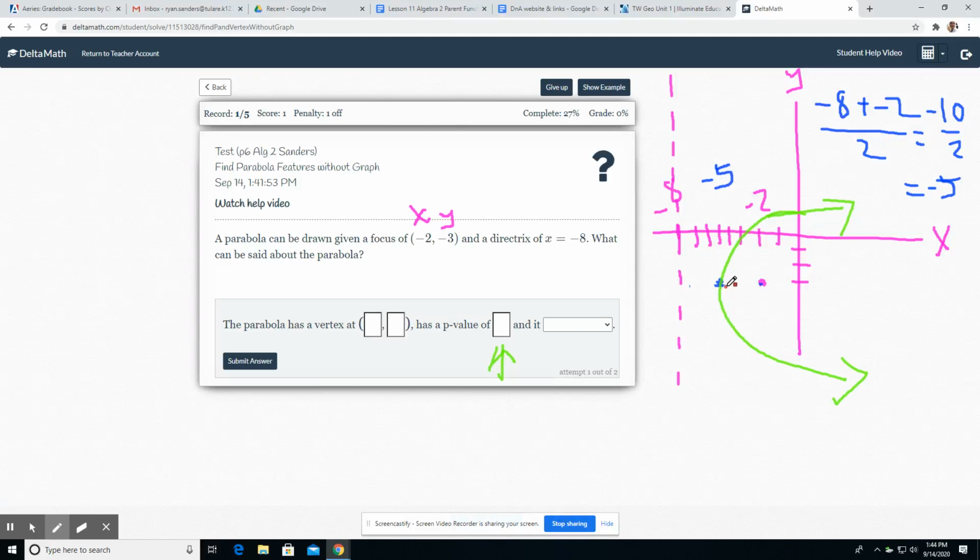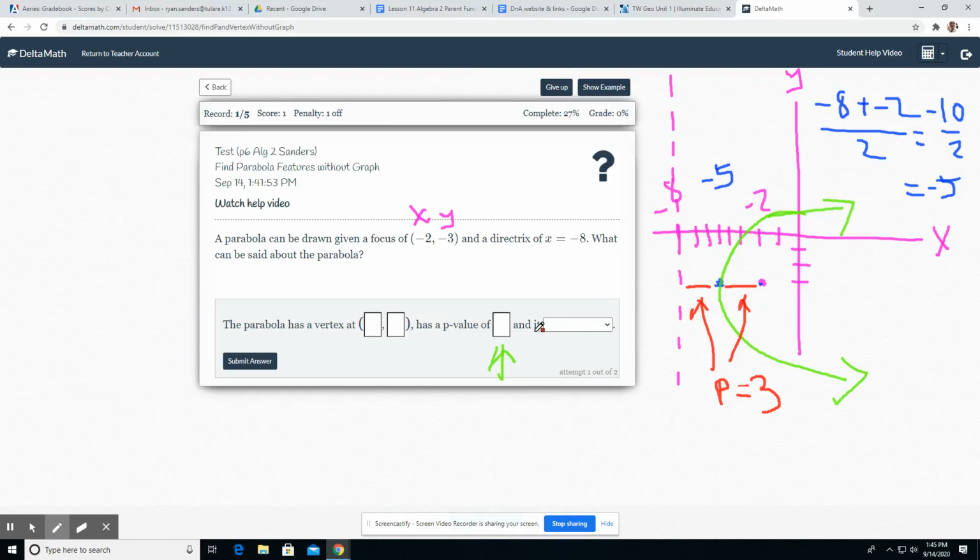This distance right here, or this distance right here, is the p-value. Those are the same. Those are the p-values, which is just half of that total distance. So from -2 to -5 is 3 units, or from -5 to -8 is also 3 units. So that turns out to be 3.